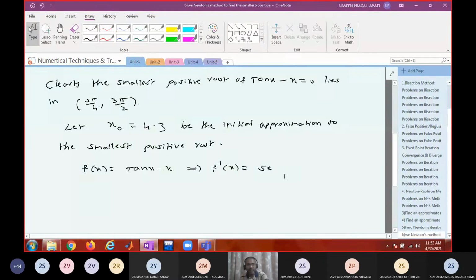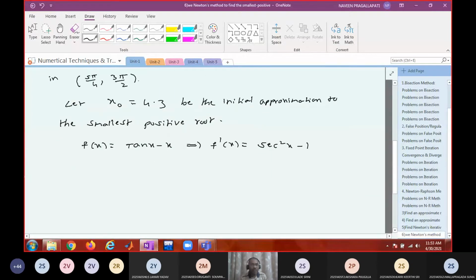So set your angle to radians. All of you set your angle to radians and then apply Newton's iterative formula: x n plus 1 is equal to x n minus f of x n by f dash of x n, for n equal to 0, 1, 2, 3 and so on.